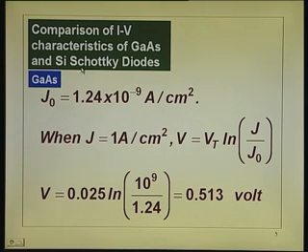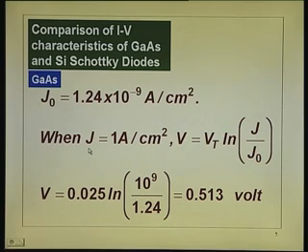Now, I am putting them down again here. J naught we just now estimated is 1.24 into 10 to the power minus 9 ampere per centimeter square. And if you use that J naught, you can find out what the voltage drop is using the IV characteristics.